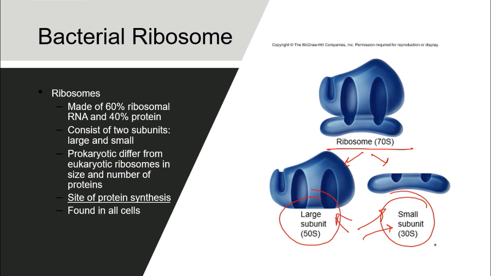This ribosome is involved in protein synthesis, and bacteria carry out protein synthesis inside the cytoplasm because they always have the ribosomes inside the cytoplasm, made up of 60% ribosomal RNA and 40% proteins. Prokaryotes are different from eukaryotes in ribosomal structure, and the size of the ribosome is also a little different. This ribosome is found in every single cell of prokaryotes because it is so essential, required to produce proteins that help the bacteria to survive.